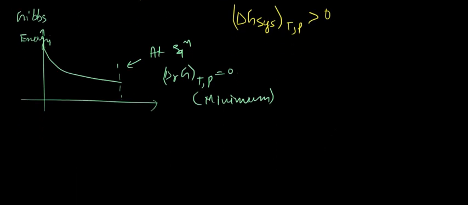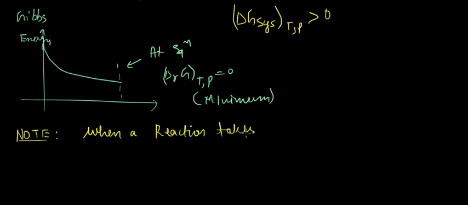Okay, so we can write here that when a reaction takes place in a closed vessel, after this point you can see that it goes to a constant value, so delta G would then be 0.